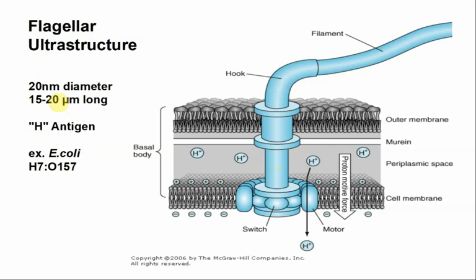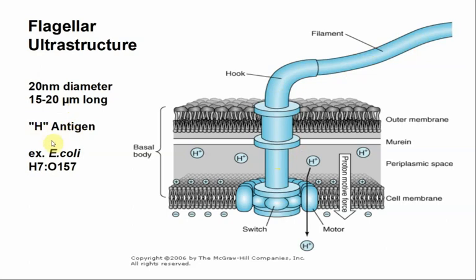So this filament is 3 or 4 times longer than the whole bacterium. Think about yourself with a big chain hanging around, 4 times your own body length, and you swing it around. There are thousands of copies of the filament protein in the filament, and this is what constitutes the H antigen, which is used in identification.